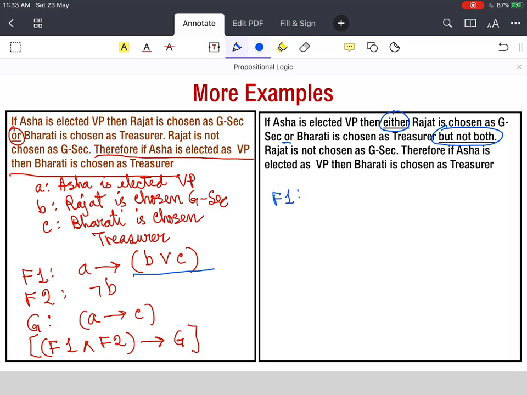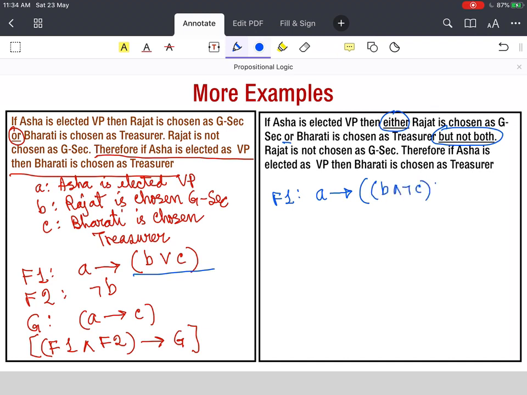So here only my F1 is a little different from the F1 in the previous example. Here it says it is either or but not both, which means it's an exclusive or. So it says if Asha is elected VP, then there are two cases that can happen. Either Rajat can be chosen as GSEC or Bharati treasurer, but not both.